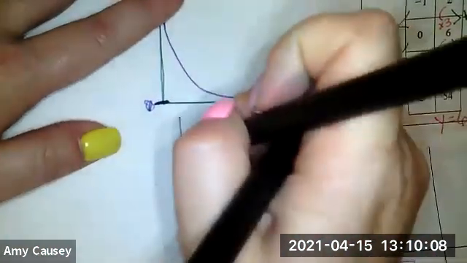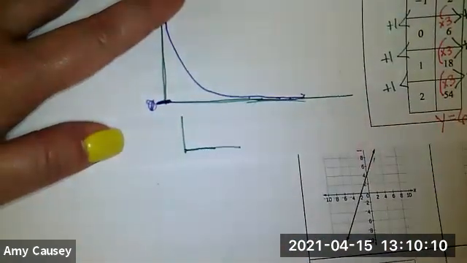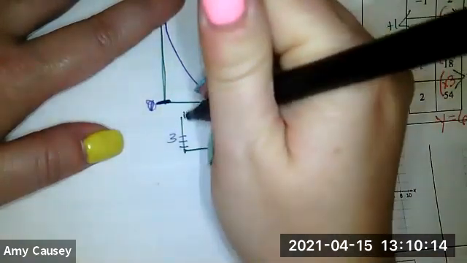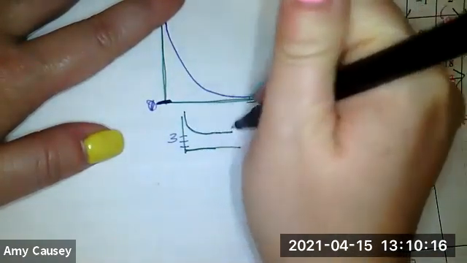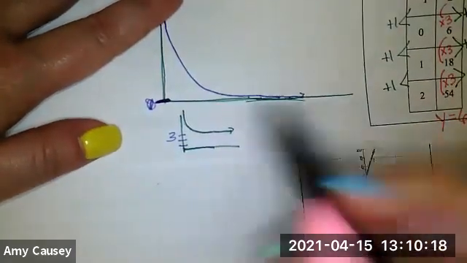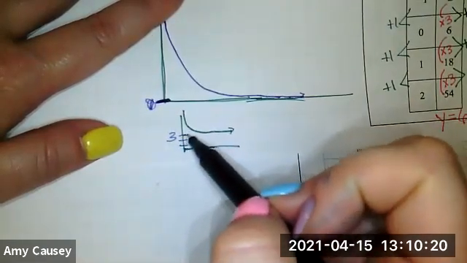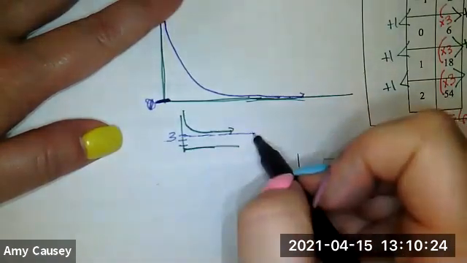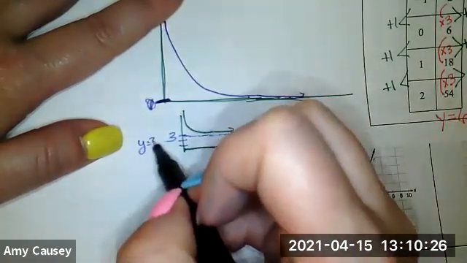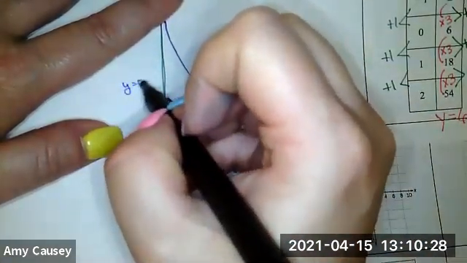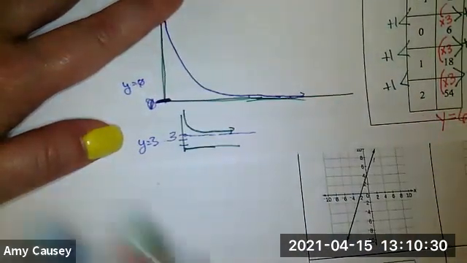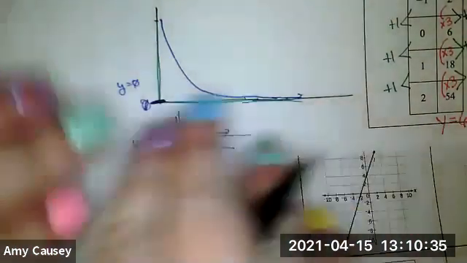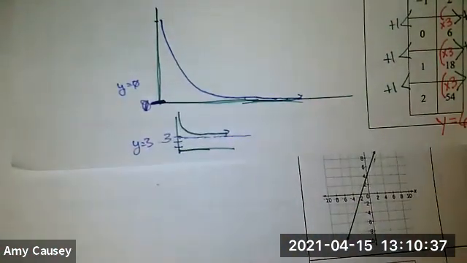Now, if I had a graph that flatlined, let's say at the 3, like this, and it looks like it may touch the 3 or cross the 3, but it never actually does, then my asymptote would be the 3. Y equals 3, actually. This one would be y equals 0. So that's all an asymptote is, where that curve starts to flatline.